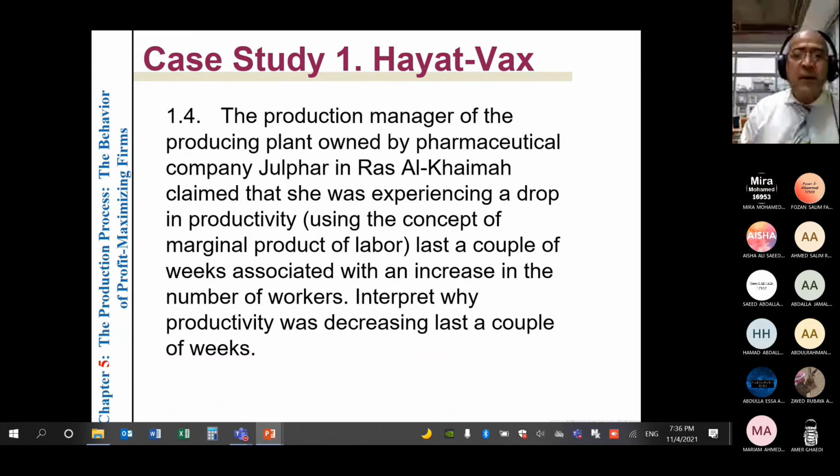As you add more units of labor to fixed capital, the marginal product of labor decreases. As you reach full capacity, the new worker will produce less than the previous worker. We call this total product increases at a decreasing rate, which causes marginal product to decrease.